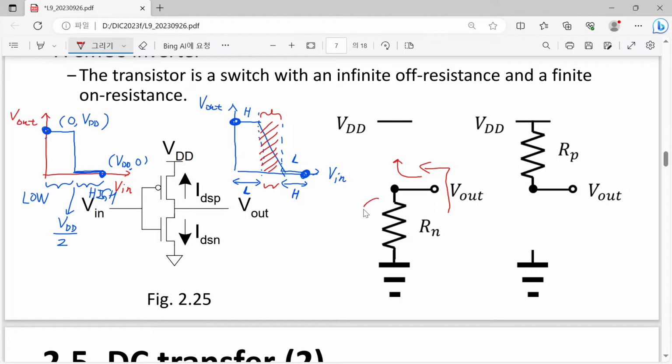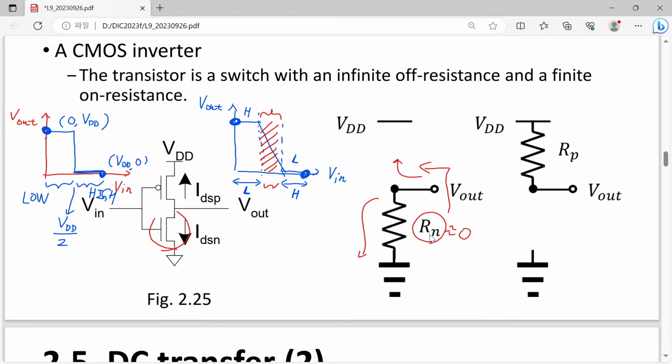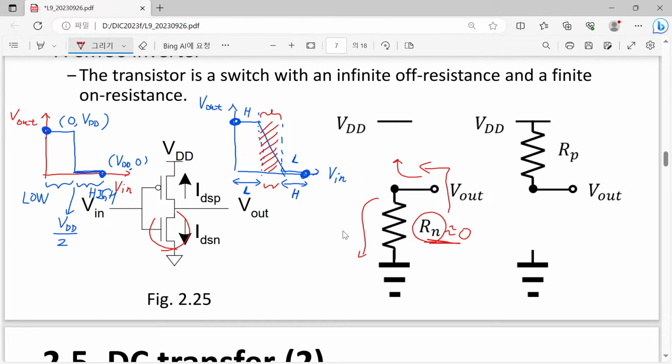On the other hand, through this ground, we will just have the resistance originating from the turned-on N MOSFET. So what is it? It will be quite small because the N MOSFET is fully turned on. So that will be quite small. So can you estimate its value?